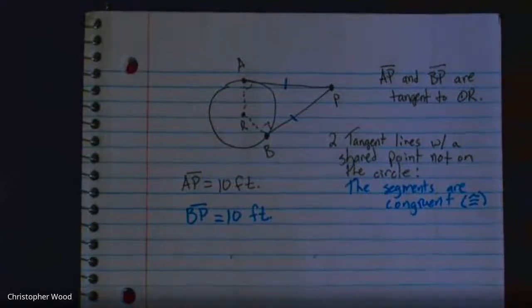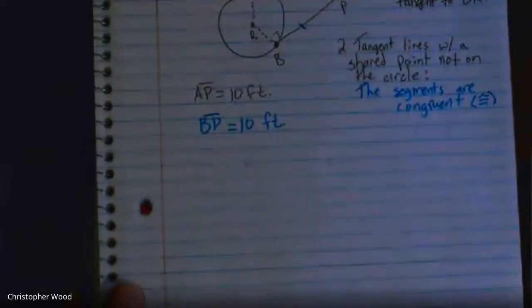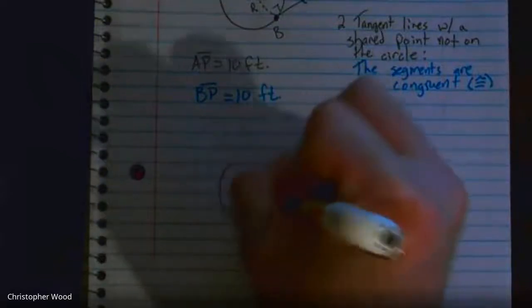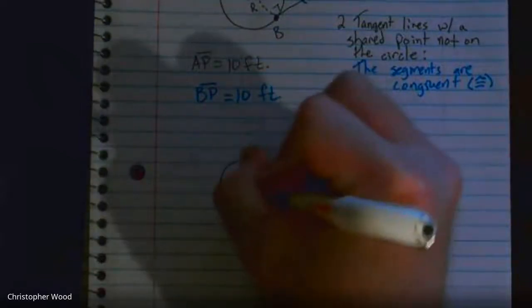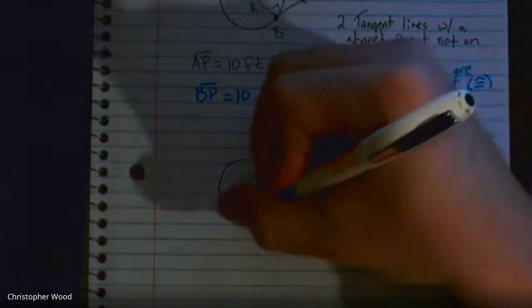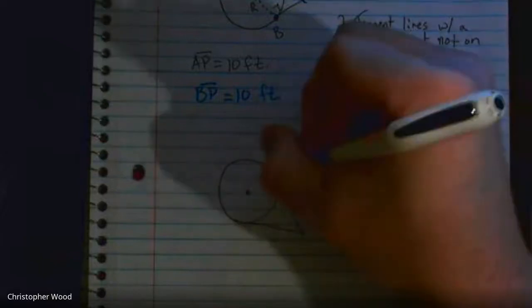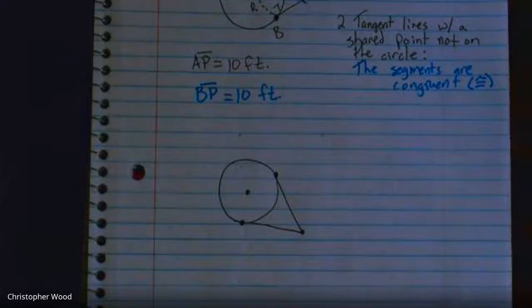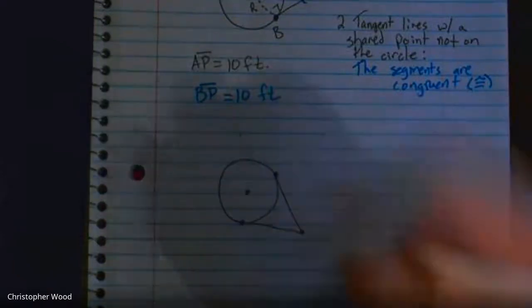So let's take a look at one example with that property, and then we'll get you out of here. All right, so I've got two lines that are tangent to the circle, two segments.